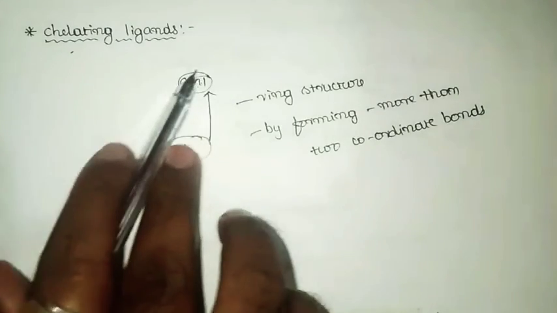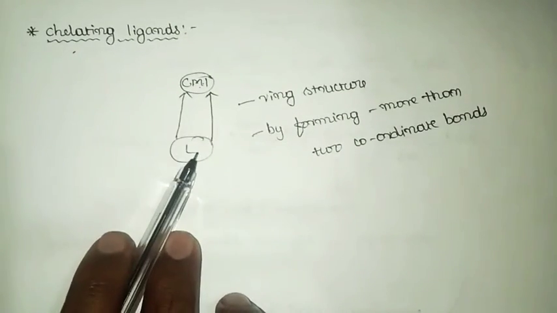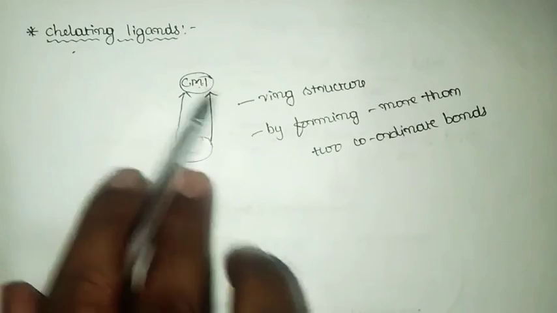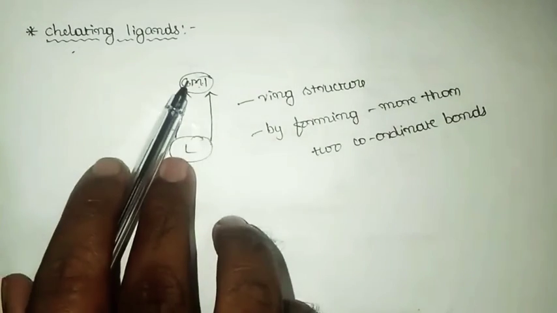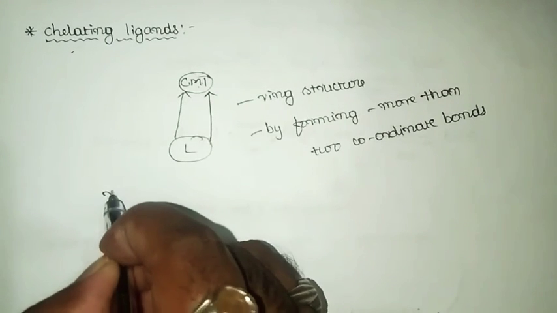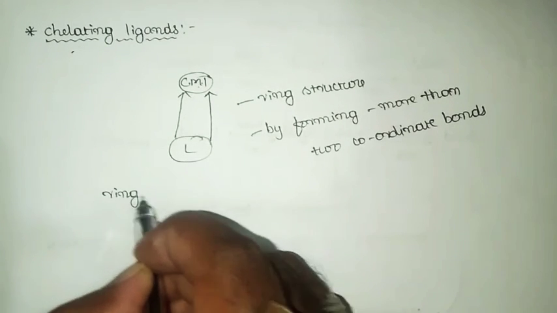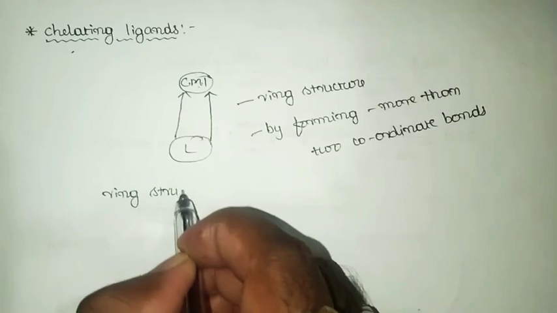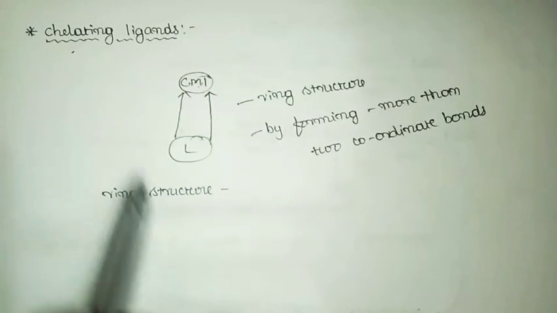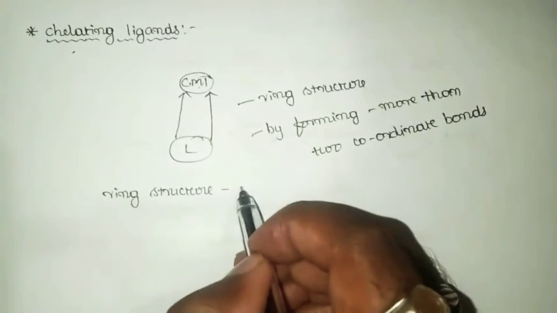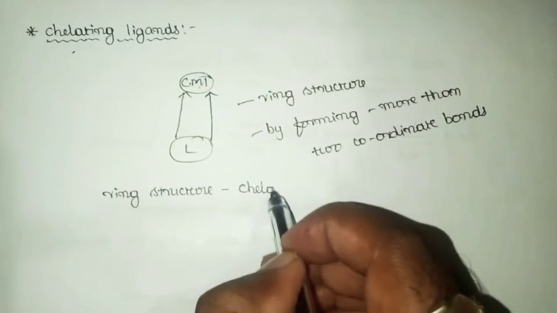And the ring structure formed between the ligand and central metal ion, due to formation of more than 2 coordinate bonds, is simply called, since the ring structure is formed by a chelating ligand, a chelate.